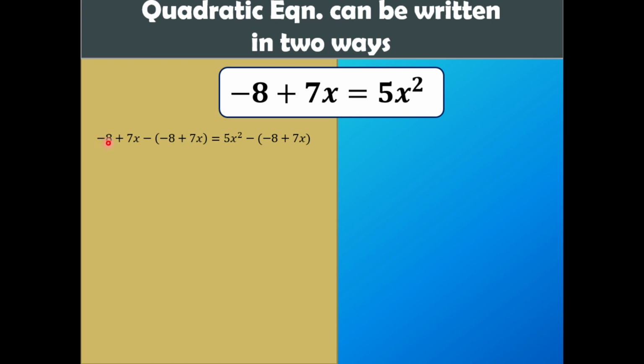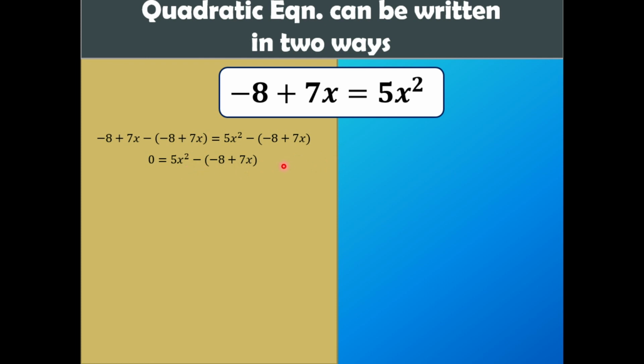So let's have negative 8 plus 7x minus quantity negative 8 plus 7x equals 5x squared minus negative 8 plus 7x. The left hand side of the equation will now become 0. And we'll have 5x squared minus negative 8 plus 7x.